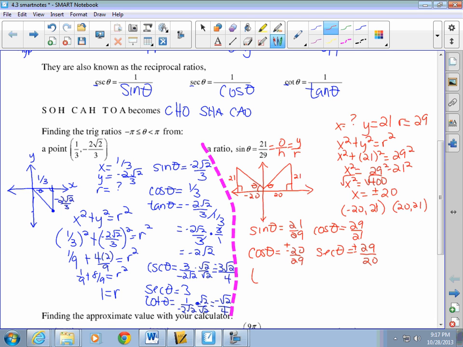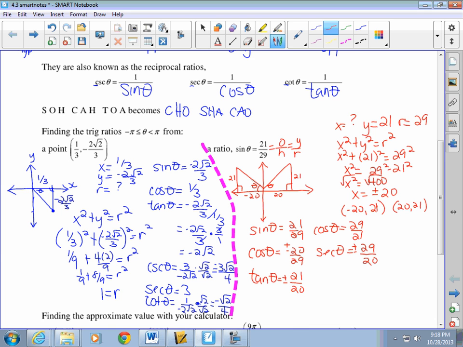Tangent theta then, tangent is opposite over adjacent, so opposite is 21 over 20, and that's going to be another plus or minus, because I could have a positive 21 over 20, or I could have a negative 21 over 20.